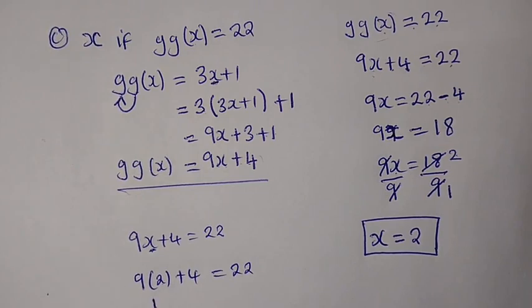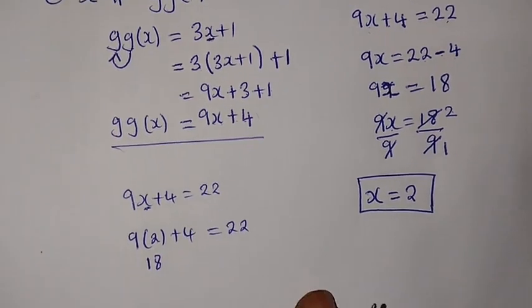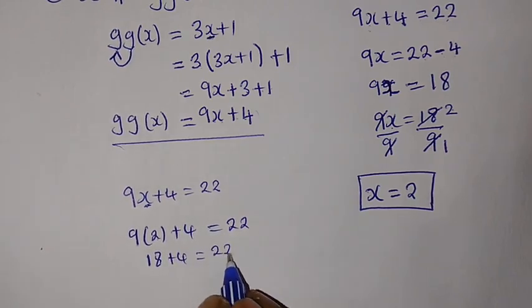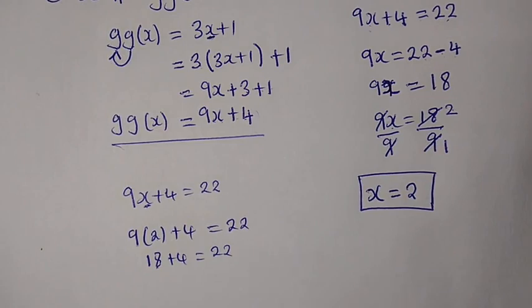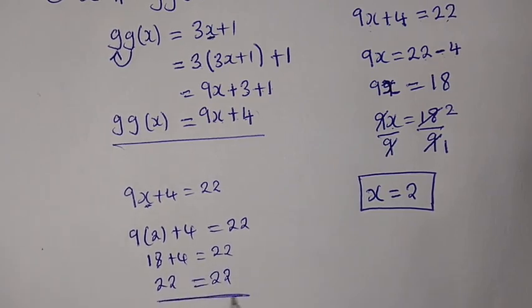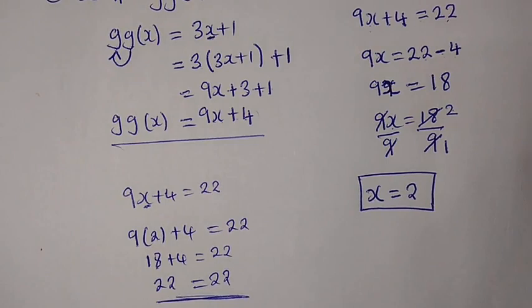So 9 times 2 is 18, 18 plus 4 equal to 22. You get 22, which will be equal to 22. So you can see it's equal to each other, left hand side equal to right hand side. So this is the correct value of x.